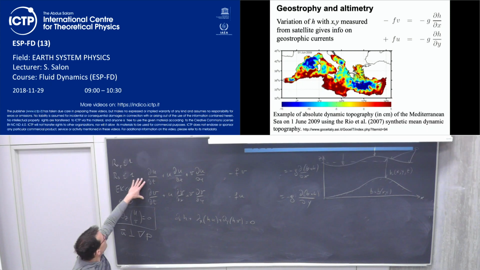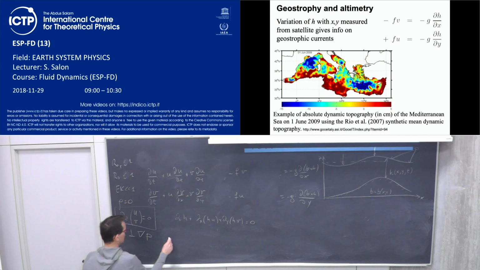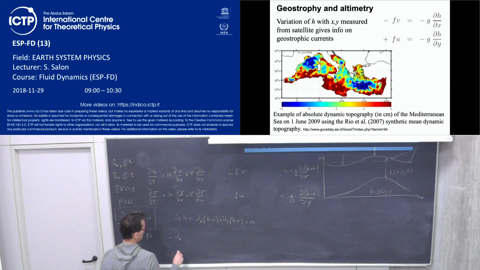the two equations, the x and y momentum equations.